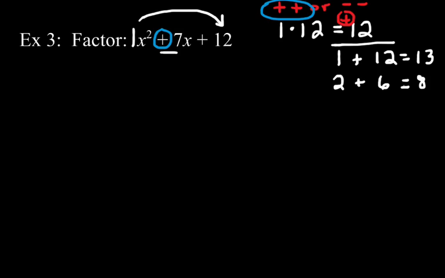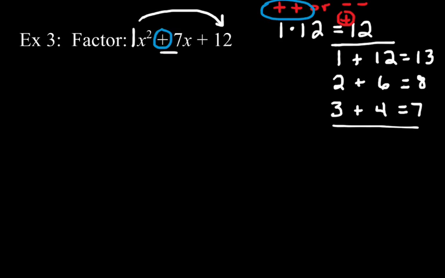Then I go up to 3. 3 times 4 equals 12, so it's another set of factors, and in this case, 3 plus 4 equals 7. Hey, we have a winner. That's the two numbers we're going to use, the 3 and the 4.